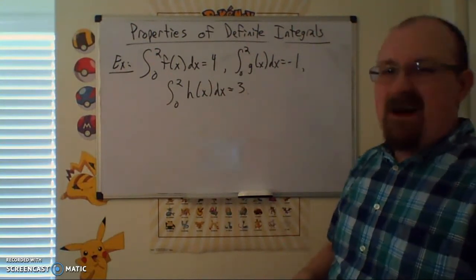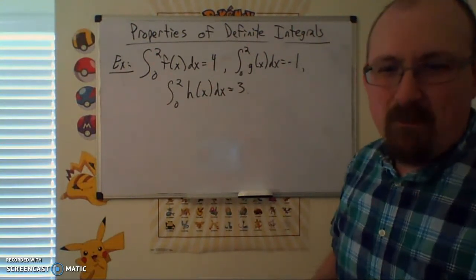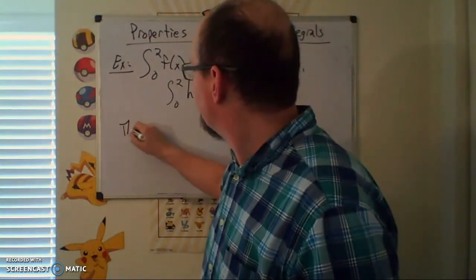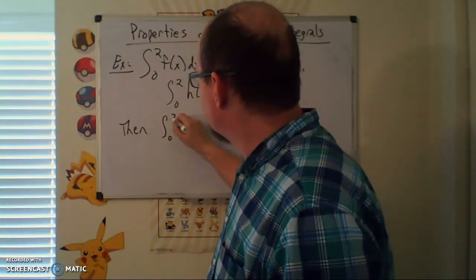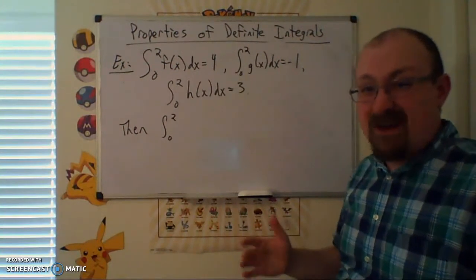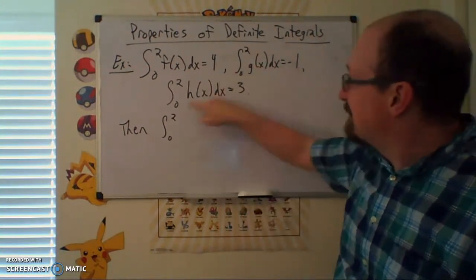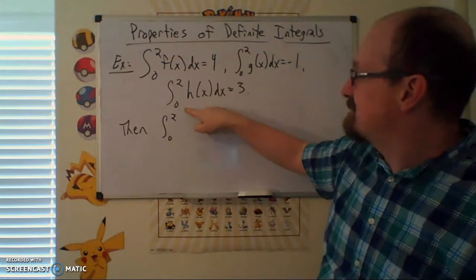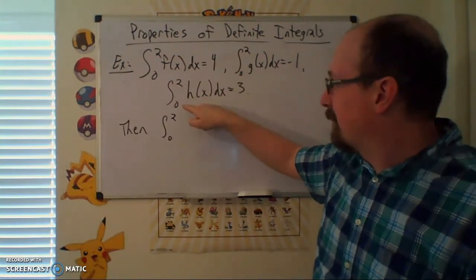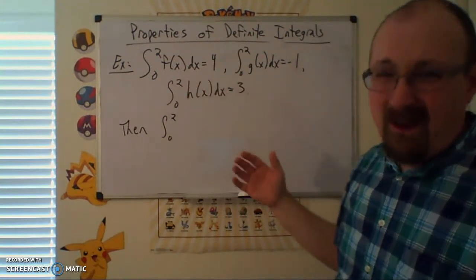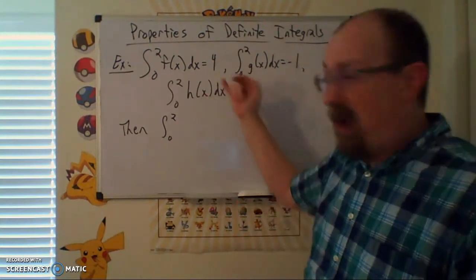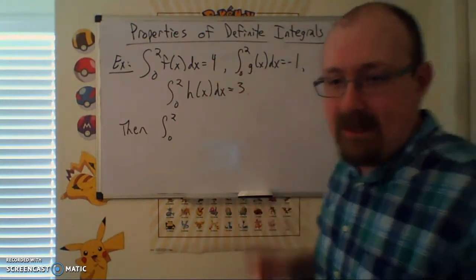It turns out we need to combine these things in some way, shape, or form. Now it's important to point out these particular tricks only work if these limits of integration are all the same. If this integral here was running from 1 to 5, then we can't quite do the same tricks. But so long as they're all going from 0 to 2, we're hunky-dory.